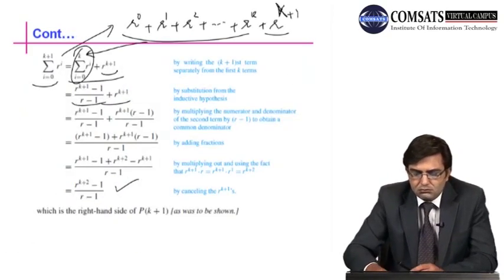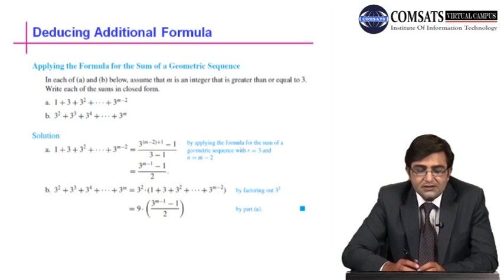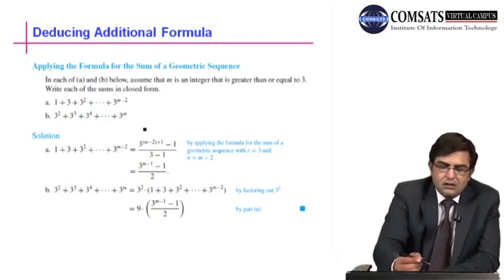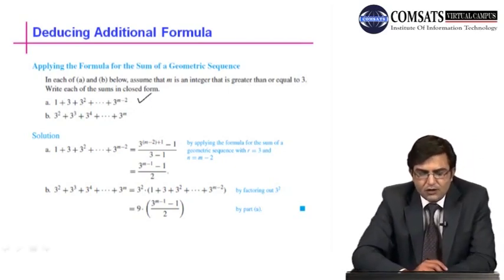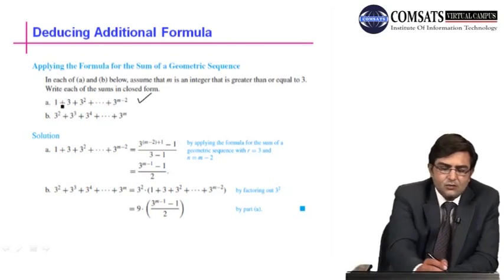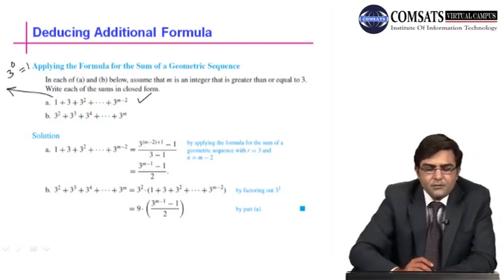Now if you want to use this geometric series to find the sum of this expression, 1 plus 3 square, this 1 is basically 3 power 0. 3 power 0 is 1.